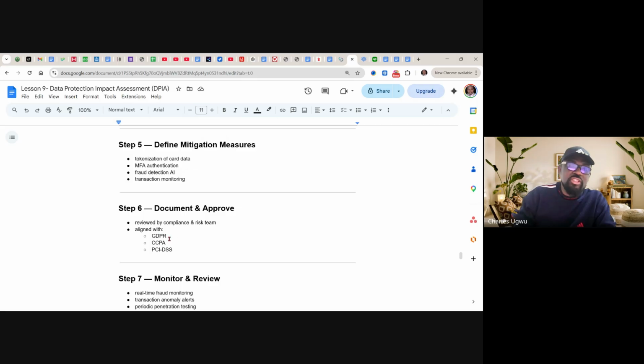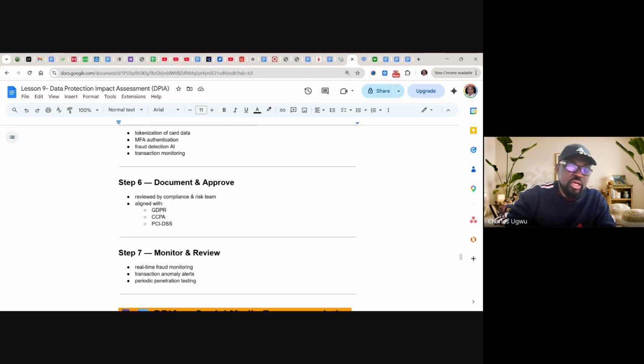Whoever is reviewing the impact assessment checks if it's in order and in accordance with these different regulations. If it is, then it has to be approved by the compliance and risk team. Compliance is the law: when you are talking about compliance, you make sure it's complying with the regulation. And who is doing that? The risk team. They are the people that carry out the approval.